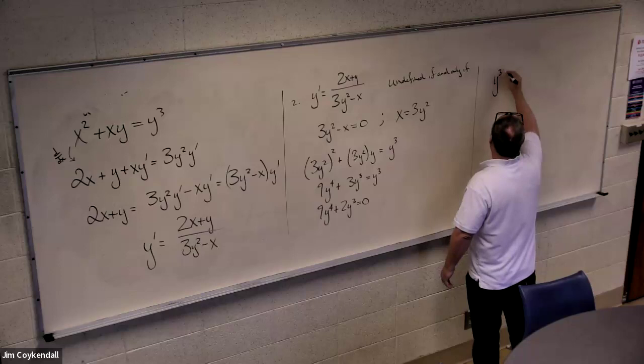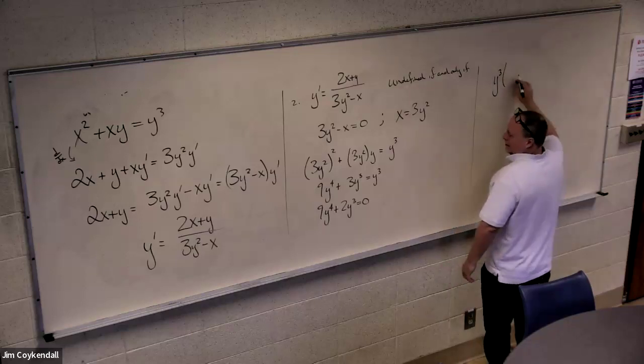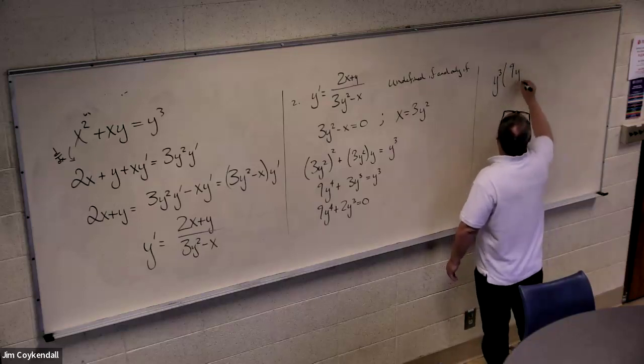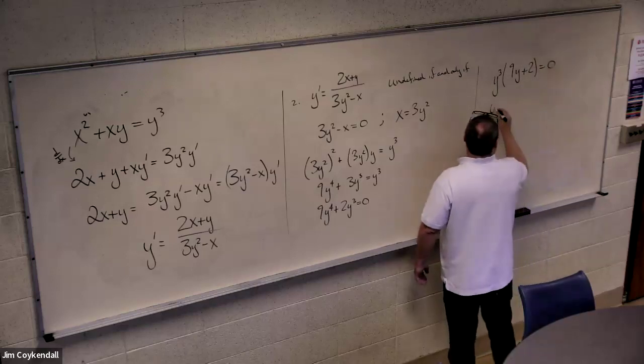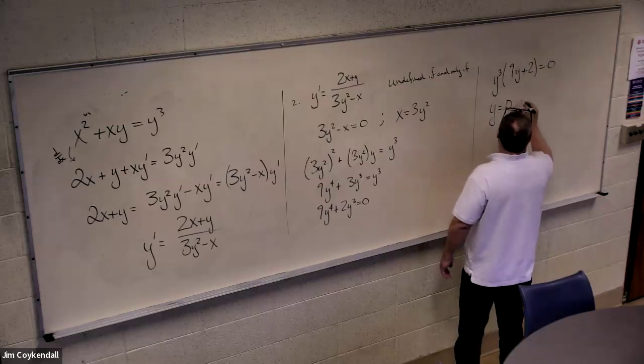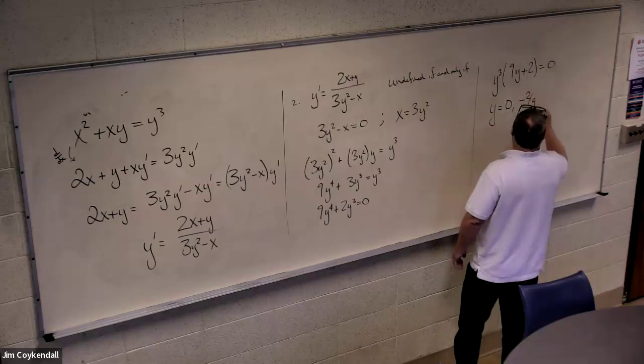Y cubed times (9y plus 2). So your y is 0 or negative 2/9.